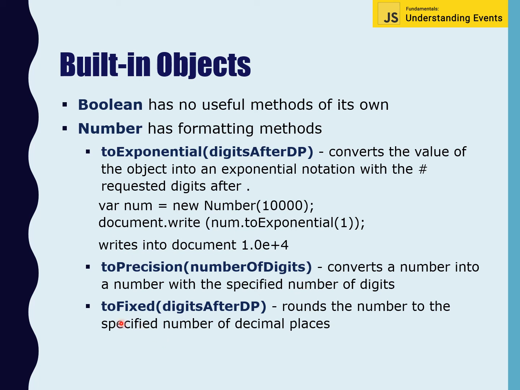The next function is toFixed(digits after dp). It rounds the number to the specified number of decimal places. So it makes a round off. If it has a big decimal part, it will round off the corresponding value to the nearest possible integer. That is toFixed.